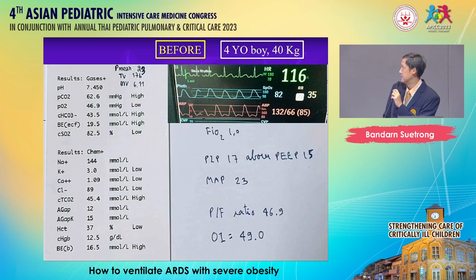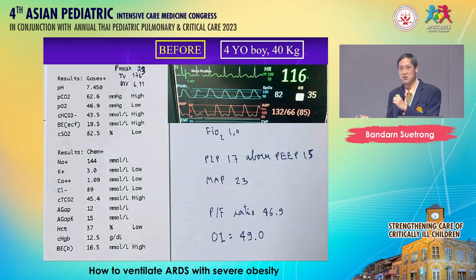And the second case is COVID-19 ARDS with refractory hypoxemia. This patient was on FiO2 100% with a PEEP level of 15, and the PIP was 17 above the PEEP of 15.